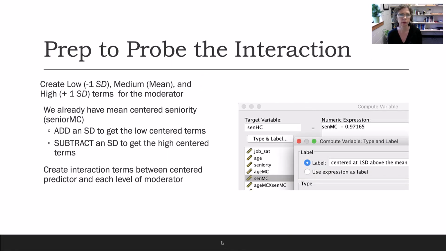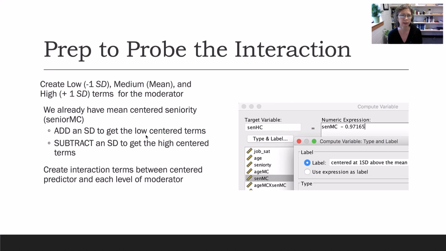When we want to get those 3 points on the moderator, low as in 1 standard deviation below the mean, medium, so the mean, and high, 1 standard deviation above the mean, we have to create those new terms in the data, at least in SPSS. We would already have our mean-centered seniority from running the regression itself.